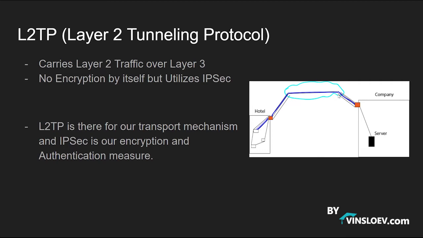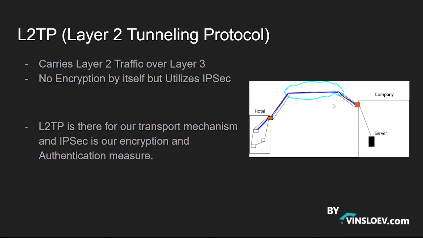But even though we have this L2TP protocol, it is not the only part that we need to establish this VPN connection from our client computer to our server, because L2TP does not have encryption by itself.